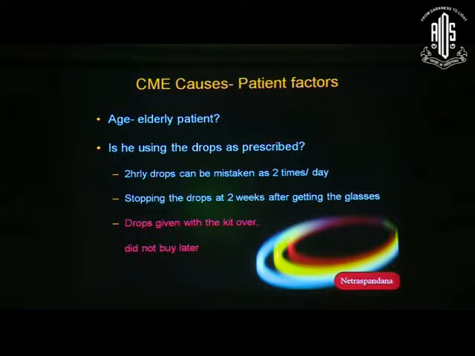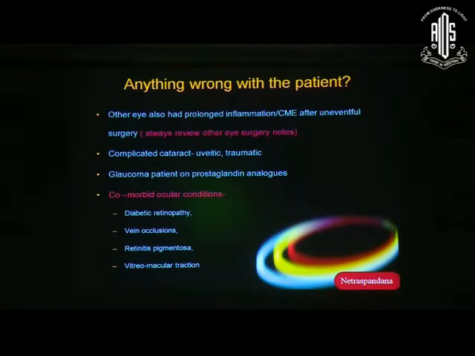Other causes, if you look at the patient-related causes, an elderly patient is more prone to have a CME. Then compliance. Sometimes there's a lot of misunderstanding that happens. You say two hourly, patient thinks it is 2 times per day. Sometimes the patient stops the drops after 2 weeks when he gets the glasses. Sometimes we give them the kits, the drops given with the kit are over, then he does not buy the medicines later.